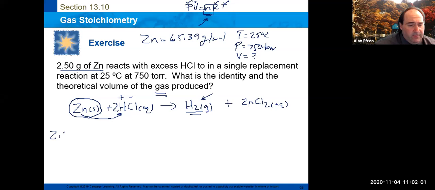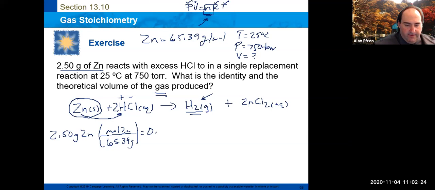That's 2.5 grams of zinc, using the molar mass from the periodic table, which was 65.39 grams per mole of zinc. 2.5 divided by 65.39 gets us 0.03823. Again, I'm just going to take it to a few digits and not round too much.